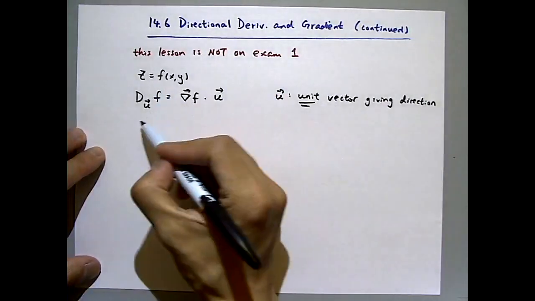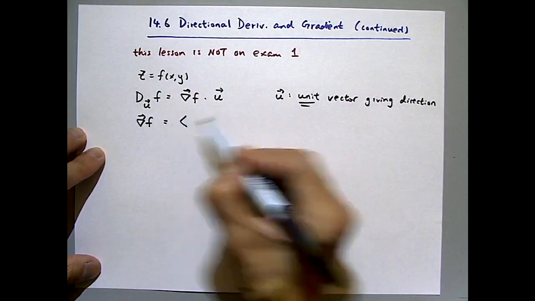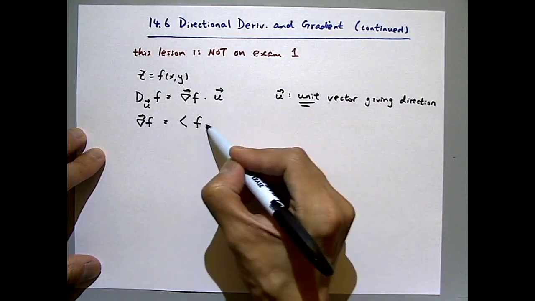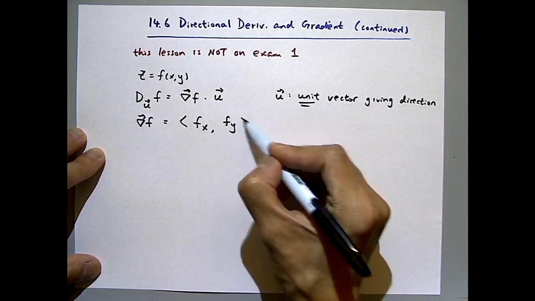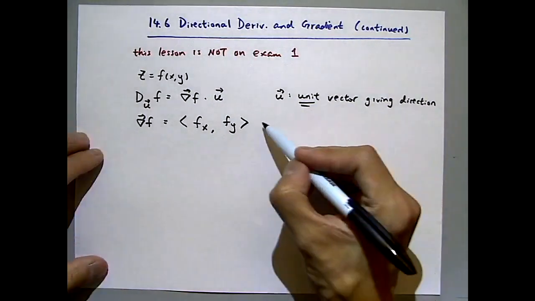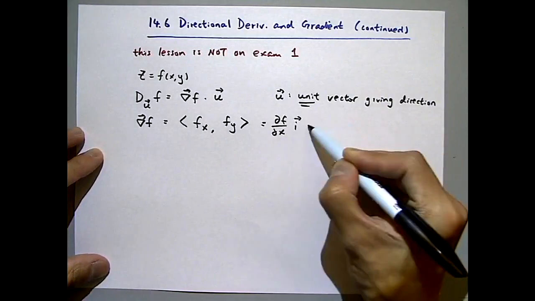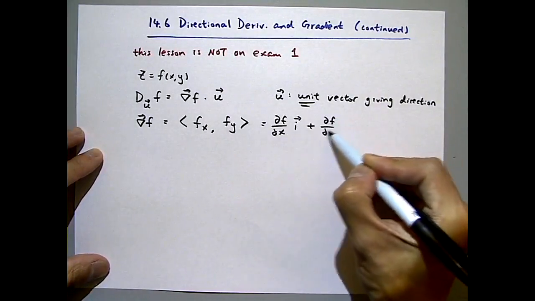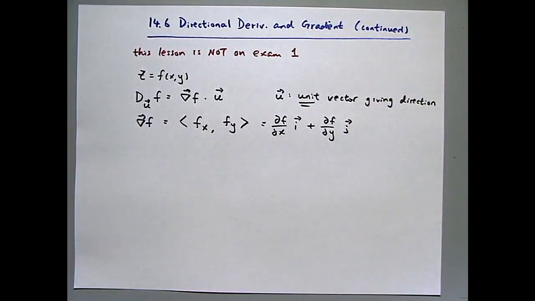And remember, the gradient, del f, is defined as the partial derivative of f with respect to x, comma, partial derivative of f with respect to y in the second component. So in the other notation, this is what we're looking at. Okay, so that's what we did last time. We already know this stuff.